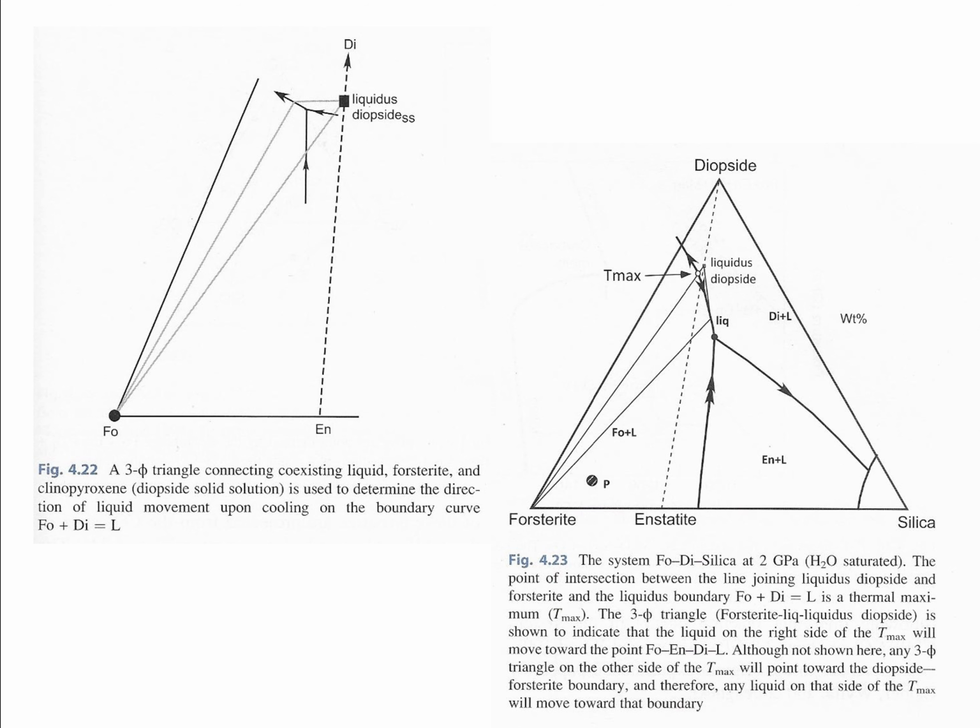So here in this figure on the right, on the left hand, we have a triangle connecting coexisting liquid, forsterite and clinopyroxene. Diopside solid solution is used to determine the direction of liquid movement on heating and cooling on the boundary: forsterite plus diopside plus liquid.